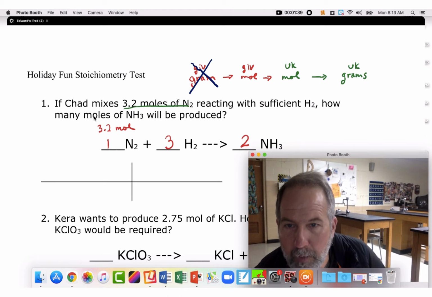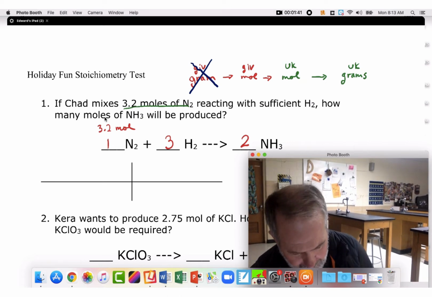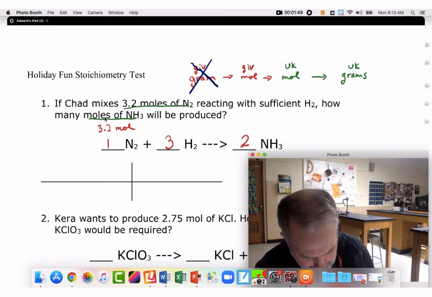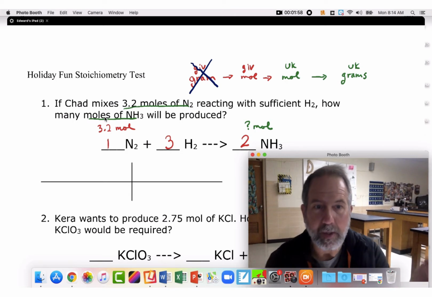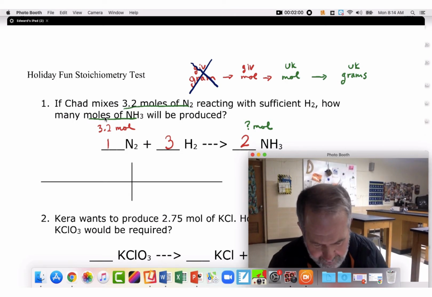How many moles of ammonia do we have? So we're trying to find moles here. We're not ending in grams, we're ending in moles. So we don't have to go to that last step. We could just cross that out.